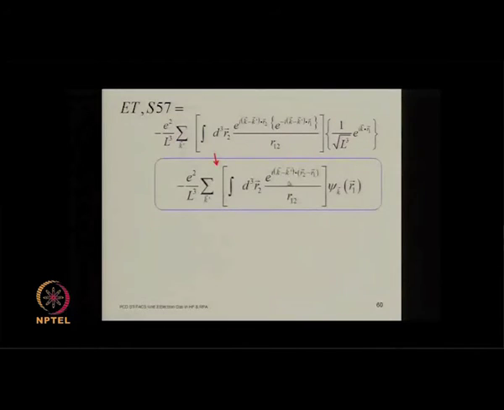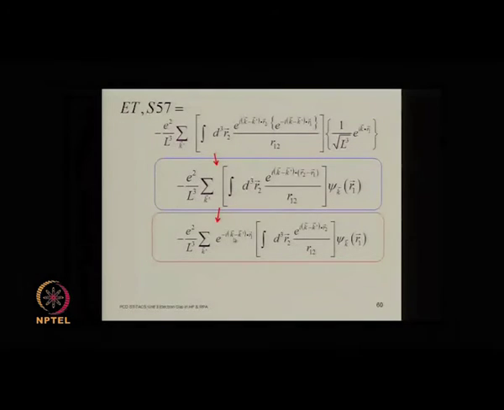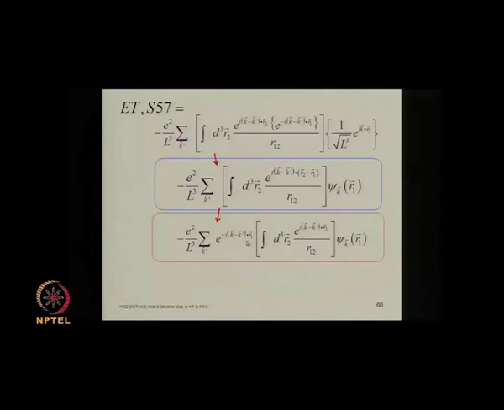Good. So, you have got (k minus k prime) dot (r 2 minus r 1) here, okay. And now this integration is over r 2, so we pull out the terms in r 1 outside the integration, which is e to the power minus i (k minus k prime) dot r 1, okay. Now, notice that what is in the square bracket contains integration over R2.